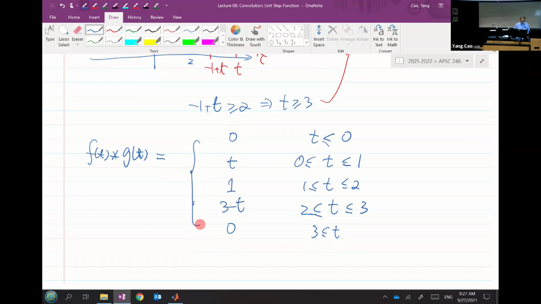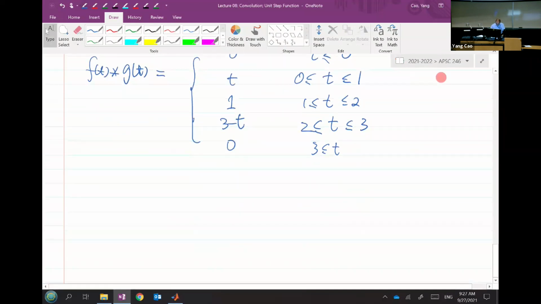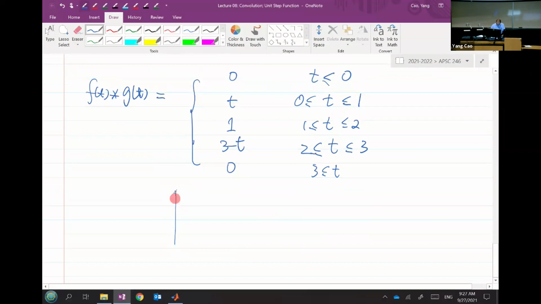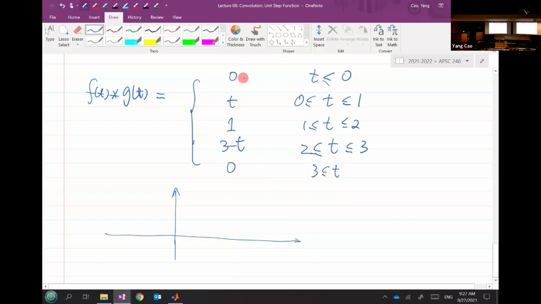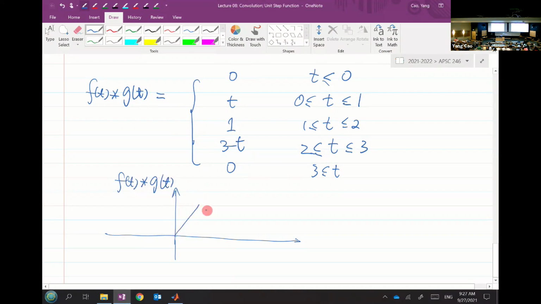Okay, so this is the result of the convolution, right? Graphically, you're solving it step by step by examining the overlap, and the range of t that gives you this overlap, and you get this total result of f of t convolved with g of t. And then you can actually plot this piecewise function here. If you plot it out, this is f of t convolved with g of t, and you get a trapezoid type of shape.